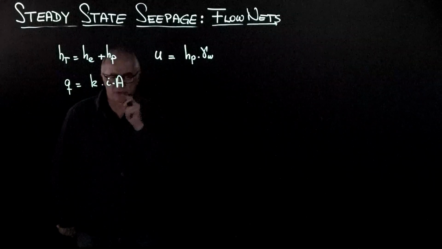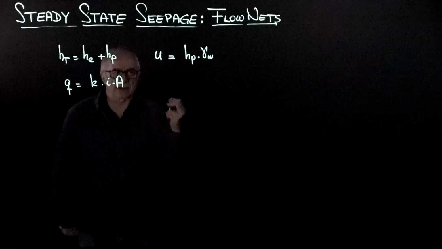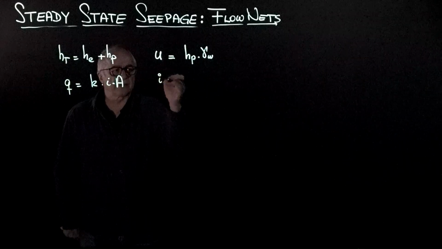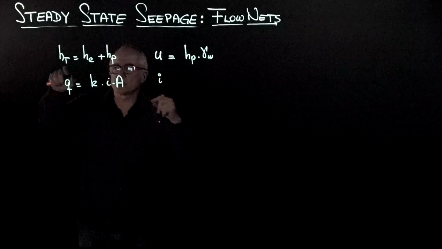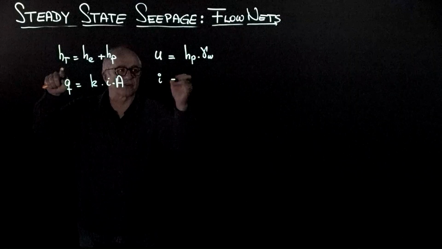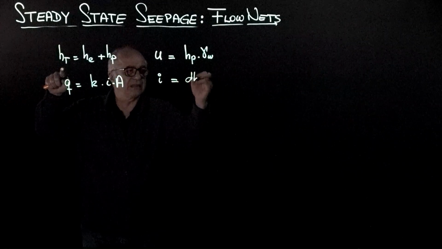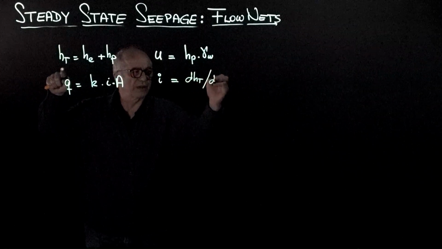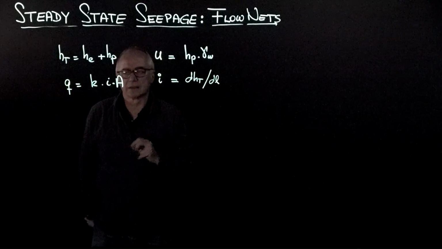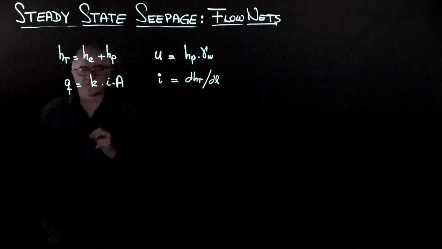I think that we made a compelling argument that the gradient that we have to use is the gradient of the total energy. This is the one that drives the flow, so this is dH total with respect to some length, the total energy that drives the flow.